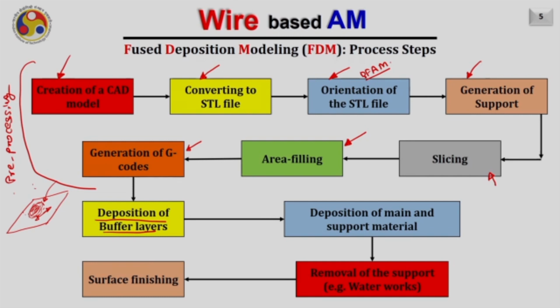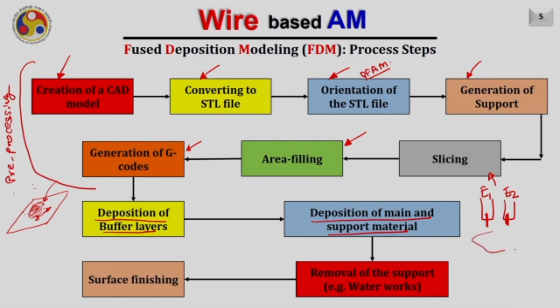Then the next step in the build process is the deposition of main material and support material. Wherever required, we deposit the main material, and wherever required, we deposit the support material by utilizing two different nozzles in this case. So usually there are two extruders, let me call them E1 and E2. This is transferring the main material and this is transferring the support material.